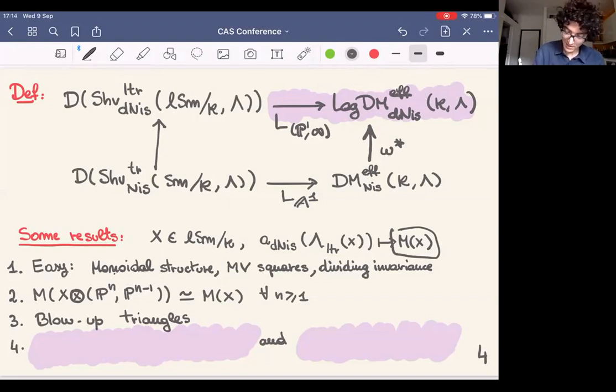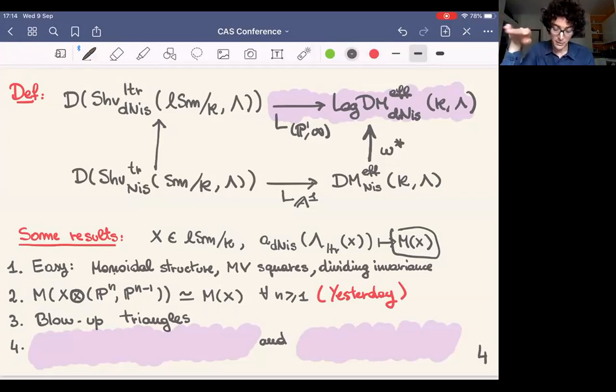So yesterday, Thomas discussed how you get from box invariance this P^n minus one invariance. So you can interpret this result by saying that in our category, every smooth compactification of A^n is inverted and is equivalent to a point.